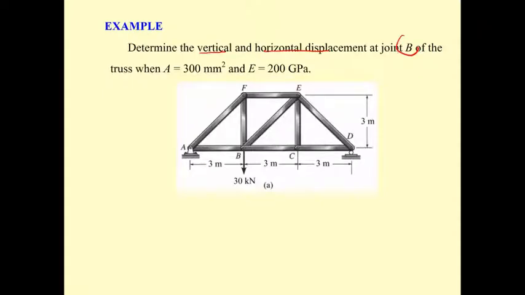But this truss has equal A and E. This is AE, which is the axial stiffness of the truss member. This is going to be equal to a constant. In the example before, the AE is not constant, but this one is constant.